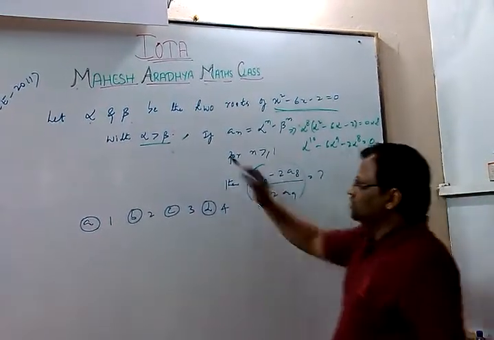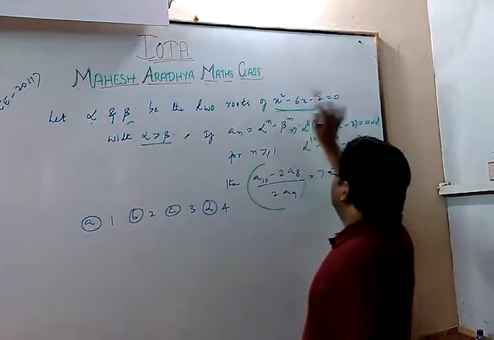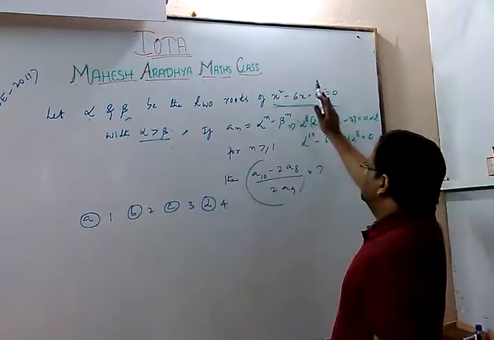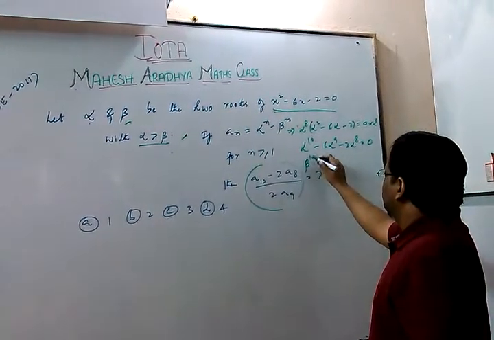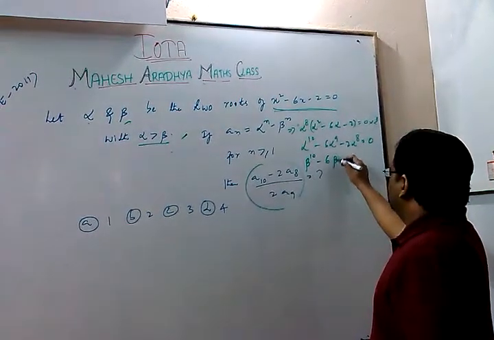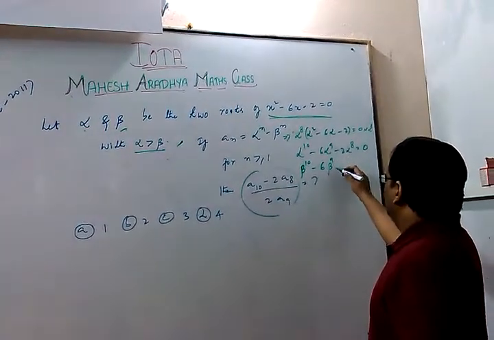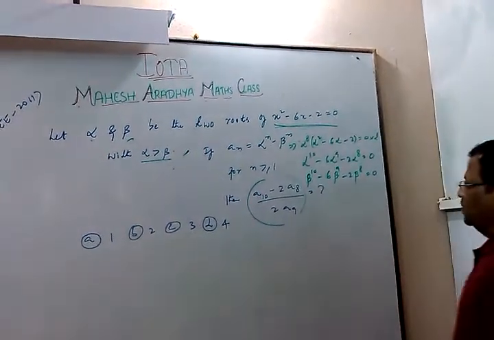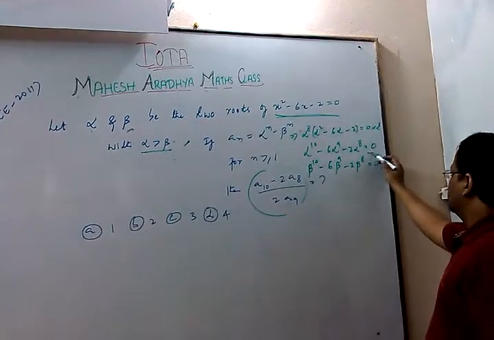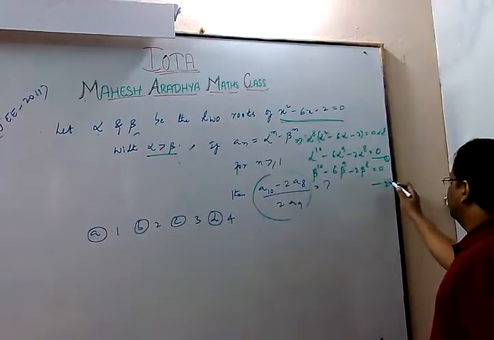Similarly, beta is also the root of this, so beta should satisfy the equation. Now deducing, we get the same result: beta to the power of 10 minus 6 beta to the power of 9 minus 2 beta to the power of 8 is equal to 0. Let me call this 1 and this 2.